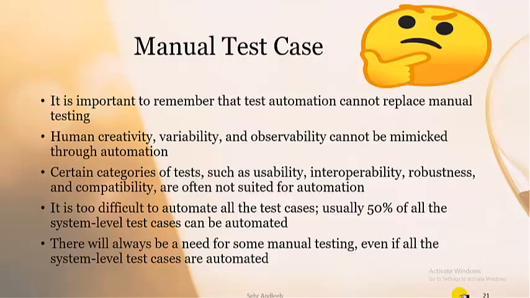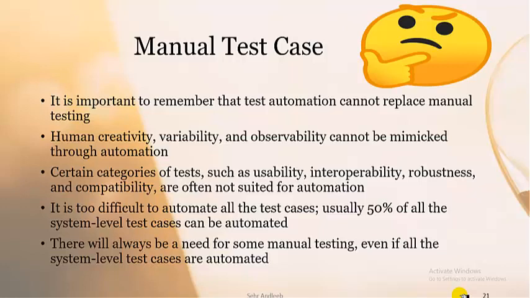You know that human creativity, variability and observability cannot be mimicked through automation, right? As I told you at the start of the lecture, there are a lot of problems that should be clearly observed with the human eye, right? So here manual effort should be done and not automation.